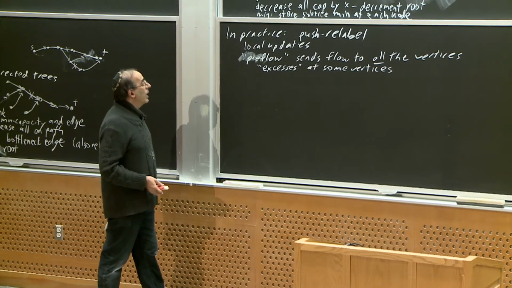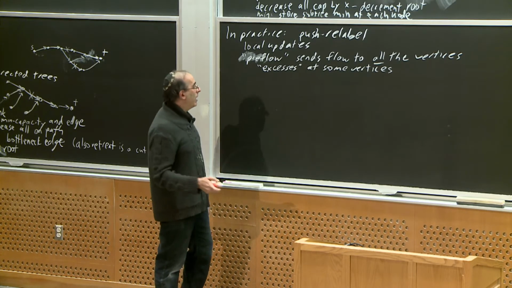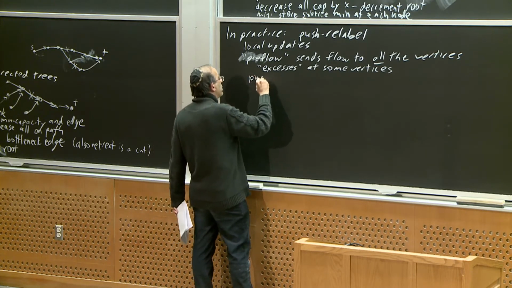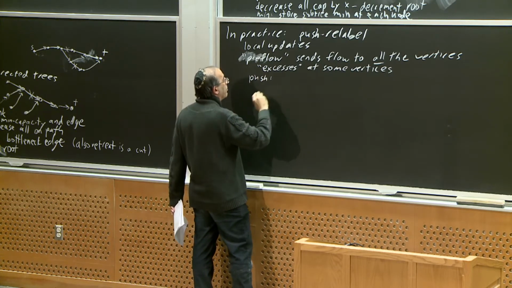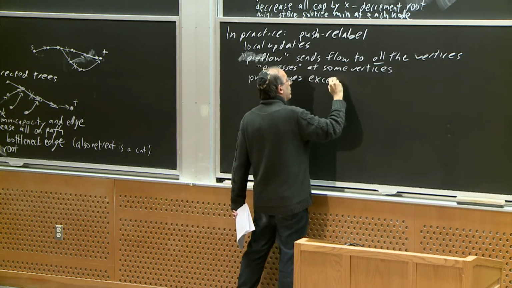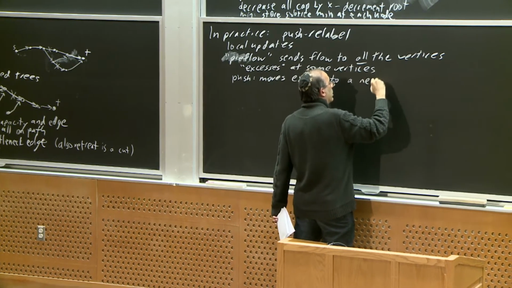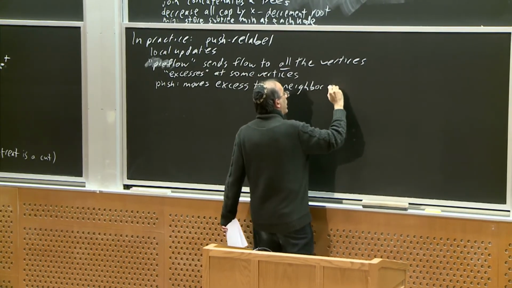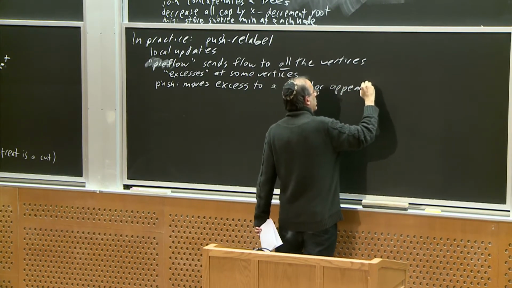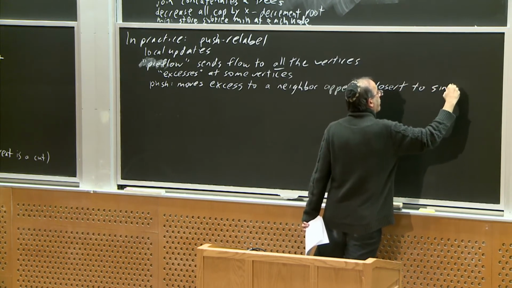The idea of the push relabel algorithm is to combine a push step and a relabel step. A push step moves excess to a neighbor that appears closer to the sink.